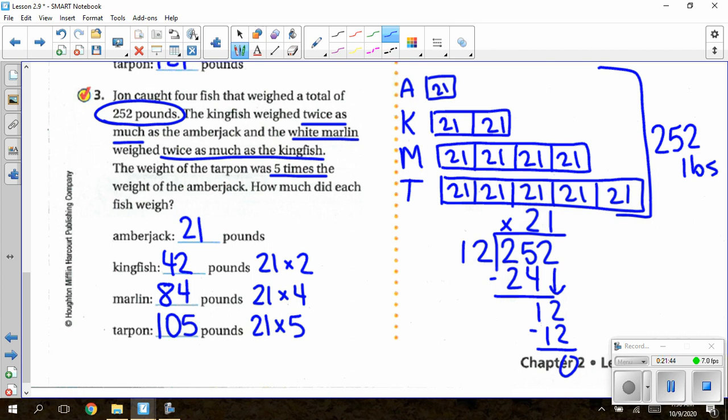And to check to make sure my answer does make sense, I can add those 4 total weights together.